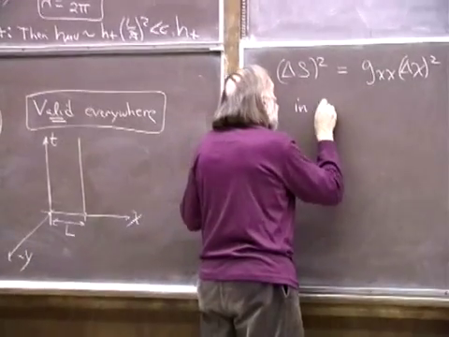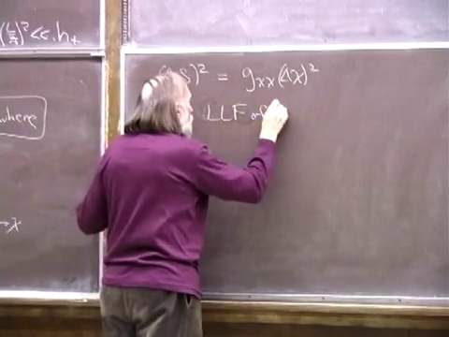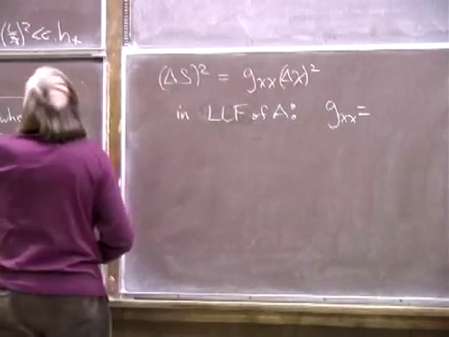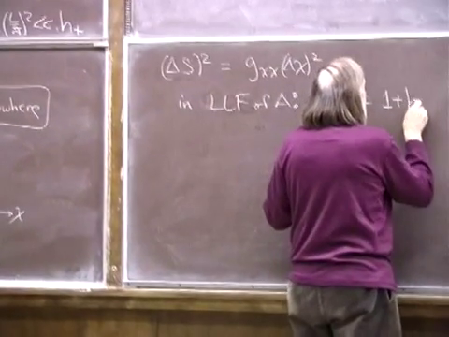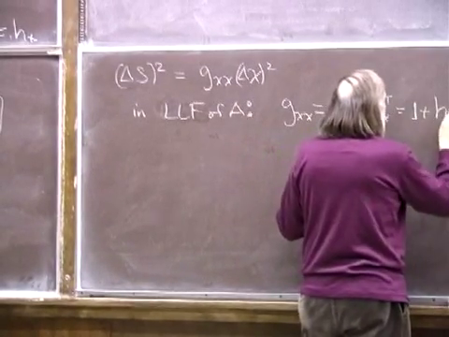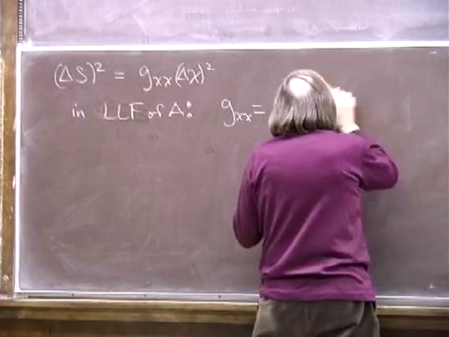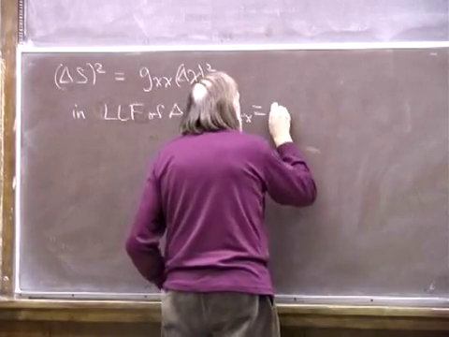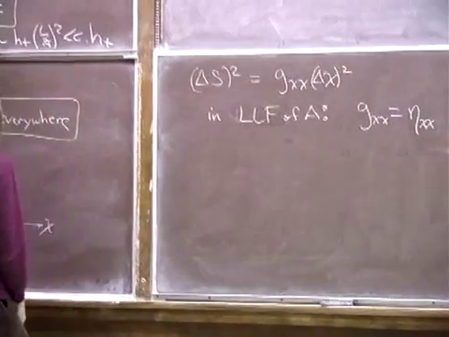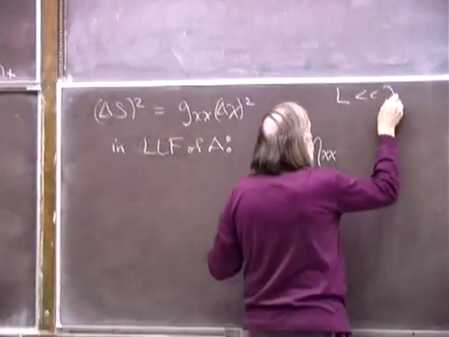So in the local Lorentz frame of A, gxx is just equal to eta xx. The higher order corrections are negligible, because I'm considering the case where the separation is small compared to lambda bar.